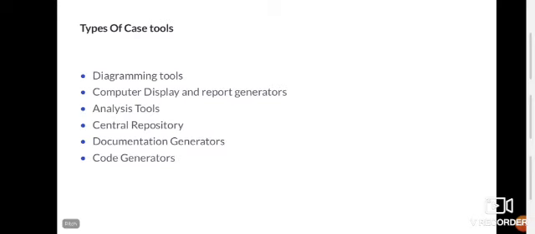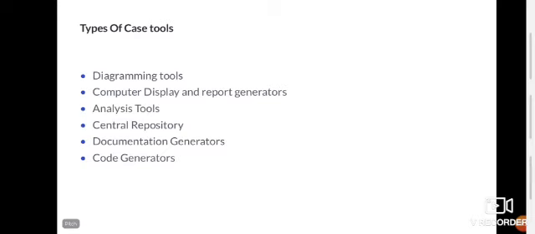As a whole, we can say our information will be represented in a pictorial or graphical representation in this diagramming tool. For example, a flowchart maker tool is one of the diagramming tools. Computer display and report generators help in understanding the data requirements and relationships involved.